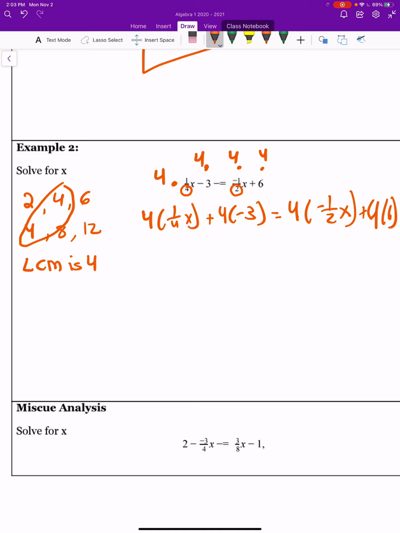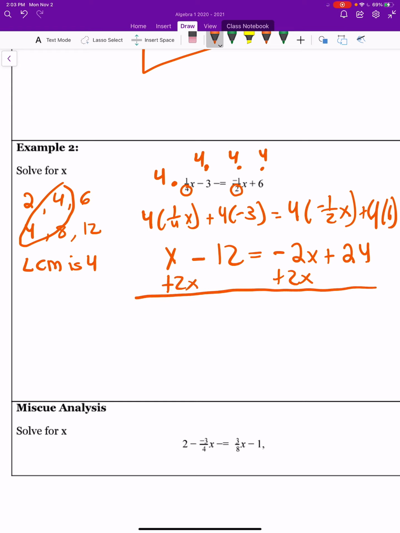The 4 times 1/4 x just becomes 1x, or just x. 4 times -3 is -12. 4 times -1/2 x is -2x. 4 times 6 is 24. I want the x's always on the left side. It just makes it easier when we read it in the end.